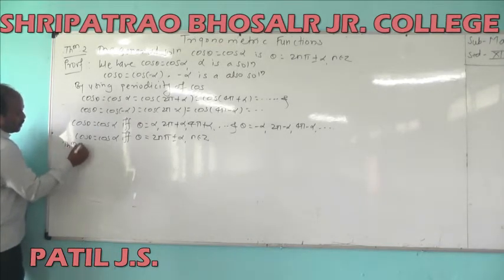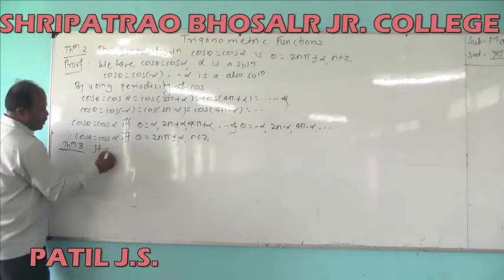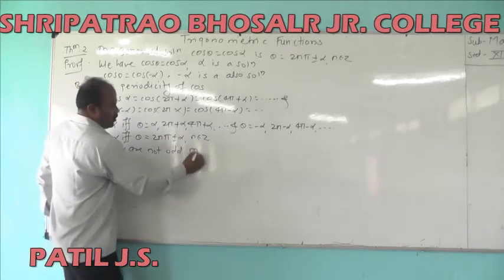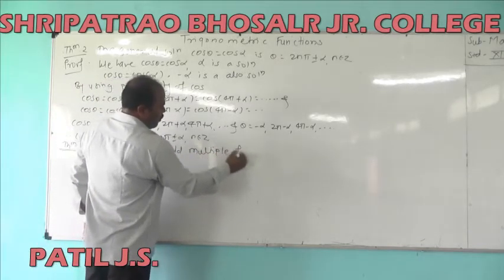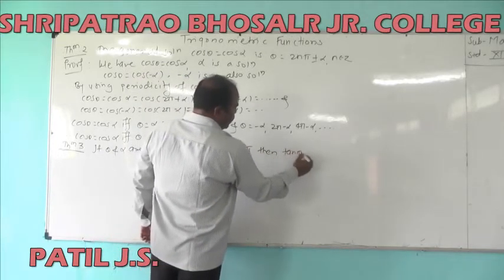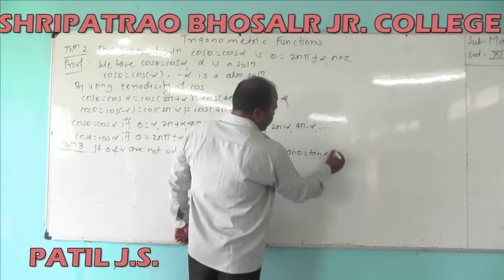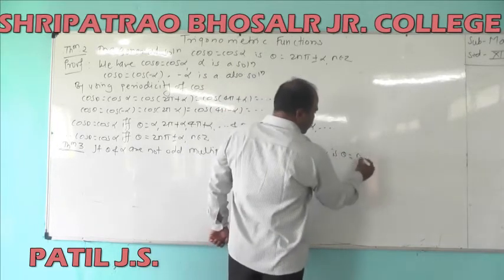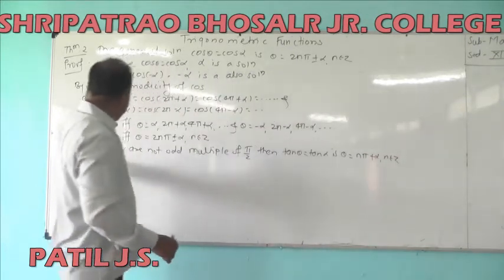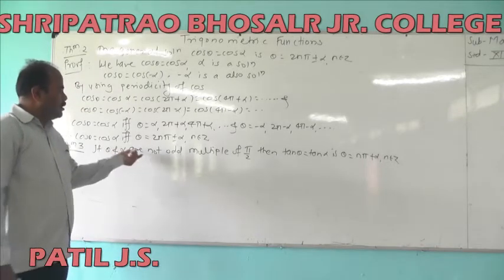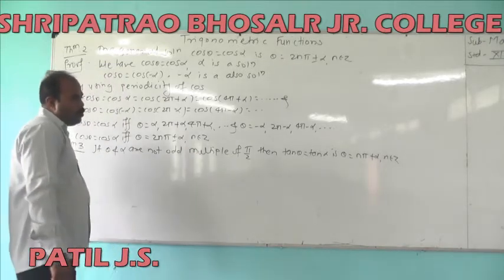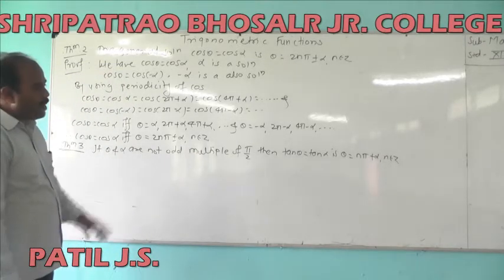Next, theorem third: if theta and alpha are not odd multiples of pi by 2, then tan theta is equal to tan alpha gives theta is equal to n pi plus alpha, n belongs to Z. The condition is that theta and alpha are not odd multiples of pi by 2.